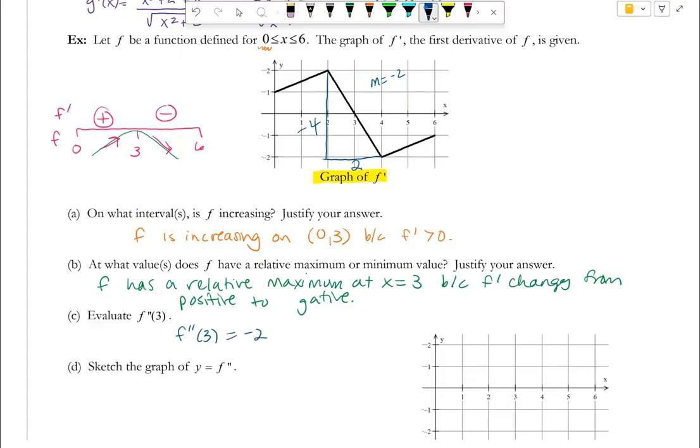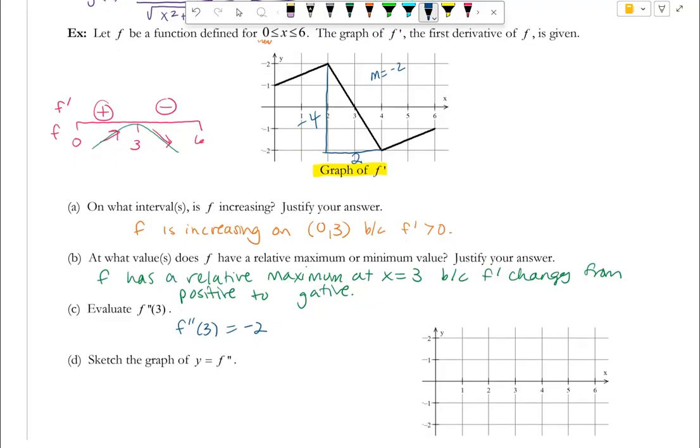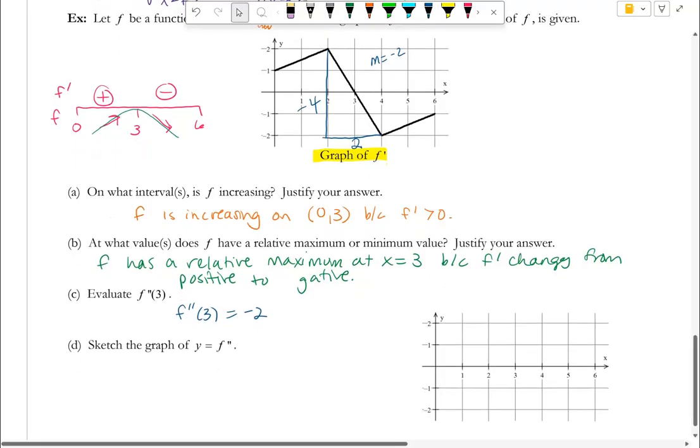And in fact, my second derivative is -2 from but not including x equals 2 up until but not including x equals 4. Remember that our second derivative will be undefined at x equals 2 and x equals 4 because the graph of f prime is not locally linear there, or in other words, we might say that we have corners there.